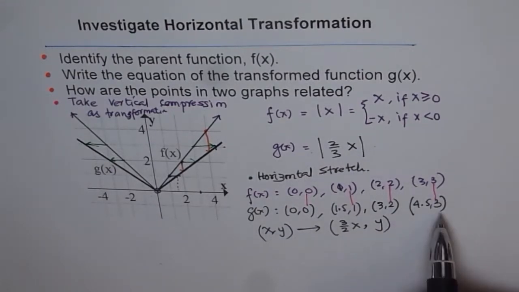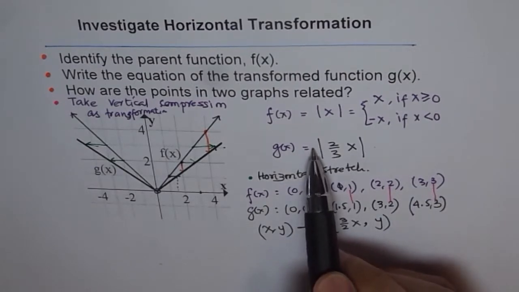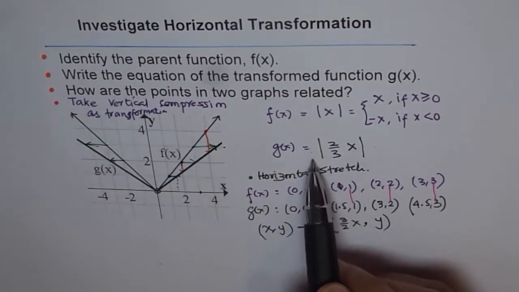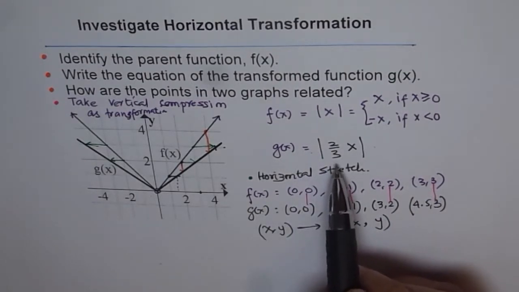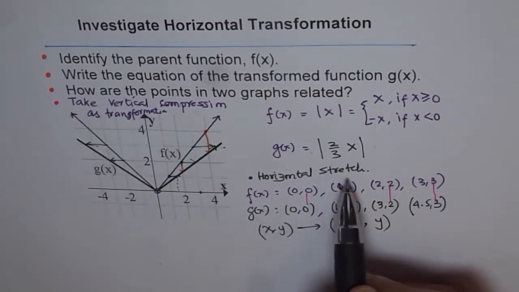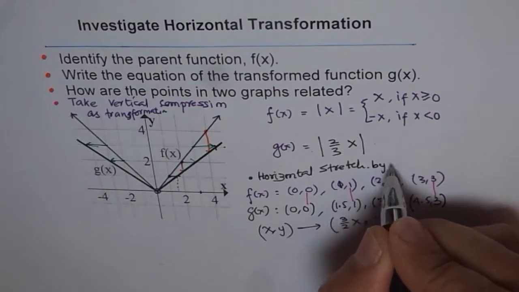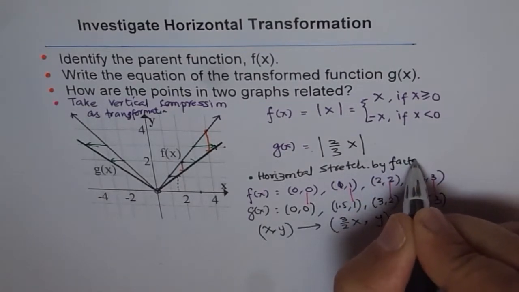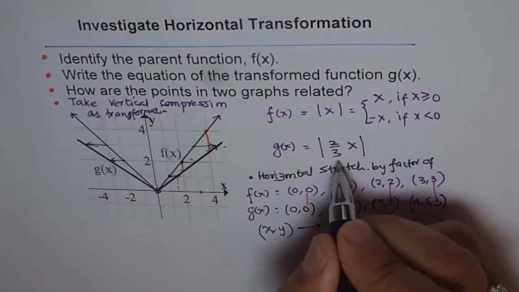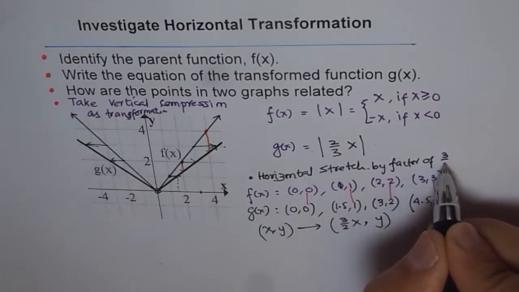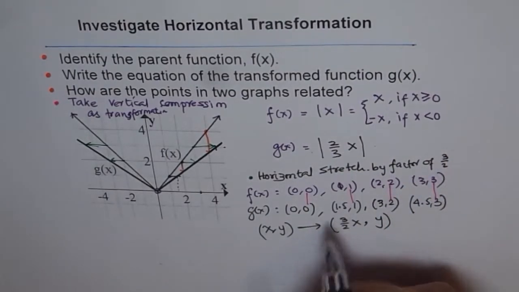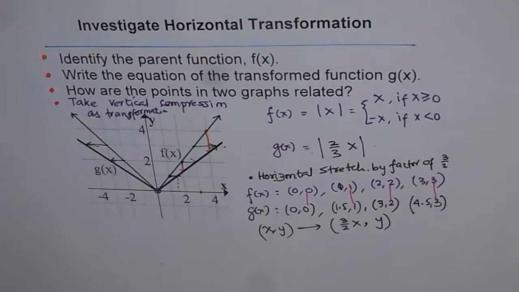Since the y values are not changing, there is no vertical stretch or compression either. The only change which we notice here is a horizontal stretch, and that too by a factor of 3 over 2. So you have to flip it and write. And of course 3 over 2 is 1.5, and that is what we notice, correct?